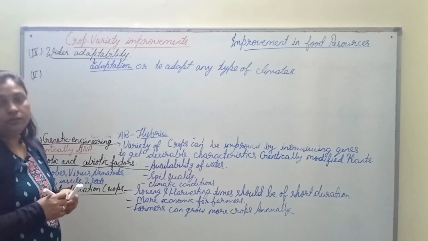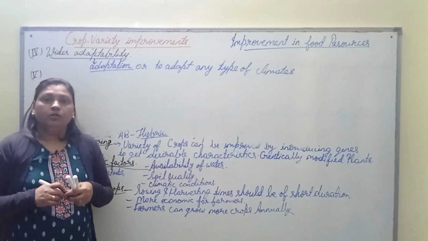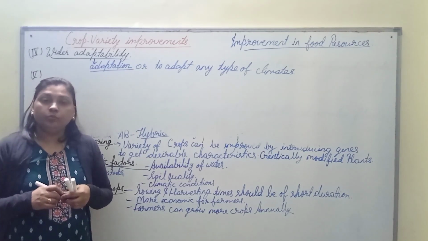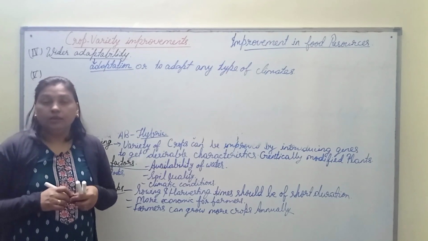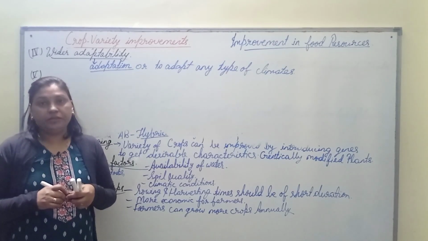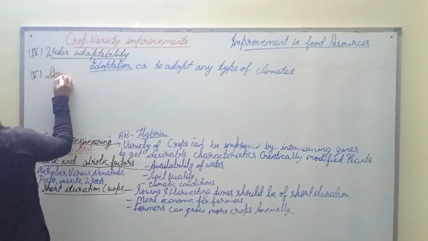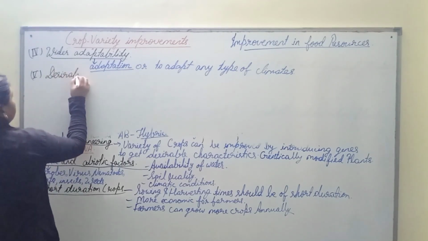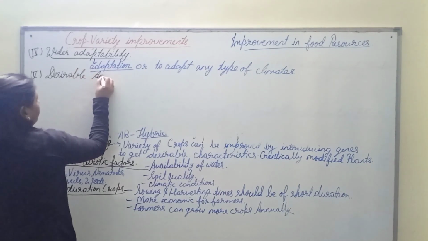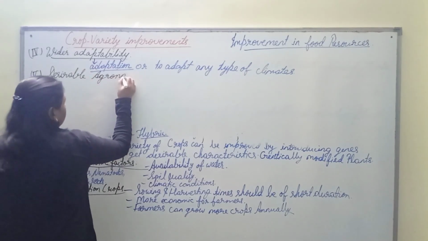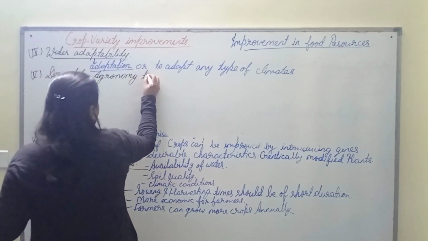The fifth factor that needs to be improved in the crop variety is the desirable agronomic traits.